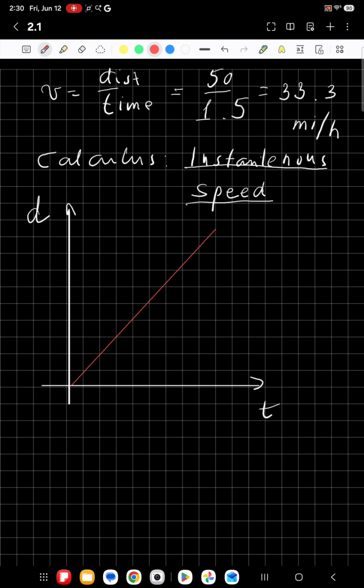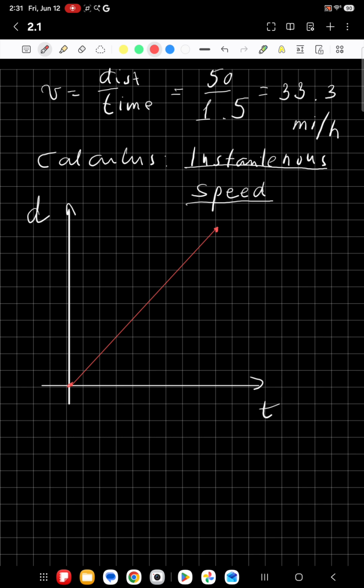Right? And then to figure out what the velocity is, you would figure out that average velocity. Right, so this is your Honolulu, and this is Haleiwa.